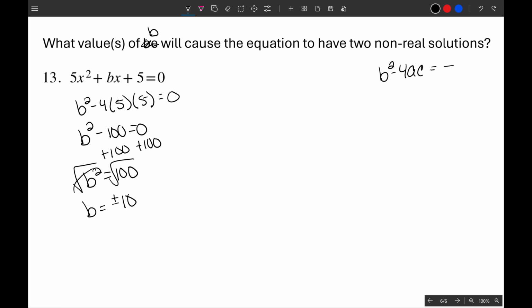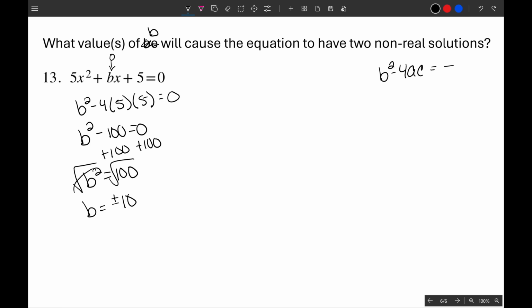somewhere in the midst of the 10 and the negative 10, I would get negative numbers. So let's think about this. If I had a number that was in between negative 10 and 10, say 0, I could easily plug 0 in for this b and see if that works.